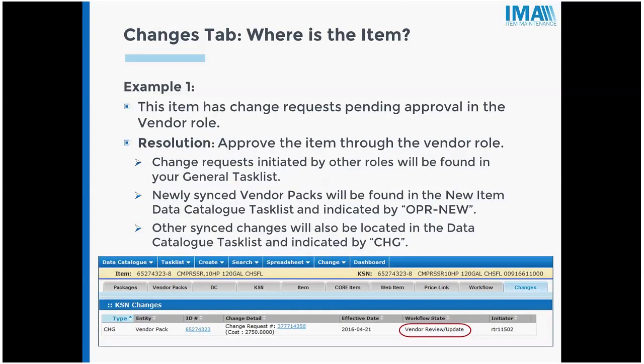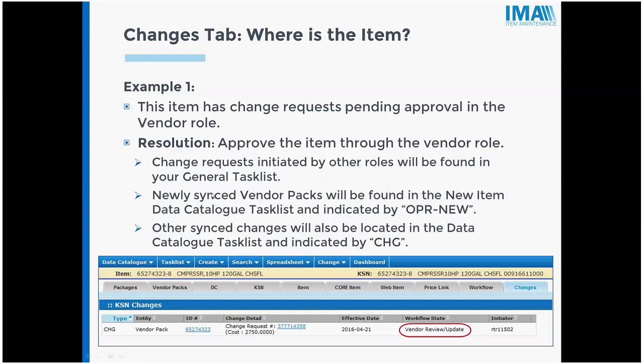Any change request initiated by other roles will be found in your general task list. Newly synced vendor packs will be found in the New Item Data Catalog task list, indicated by OPR New. Other synced changes will be located in the Data Catalog task list and indicated by CHG. So these last two resolutions are for slightly different scenarios, but similar.